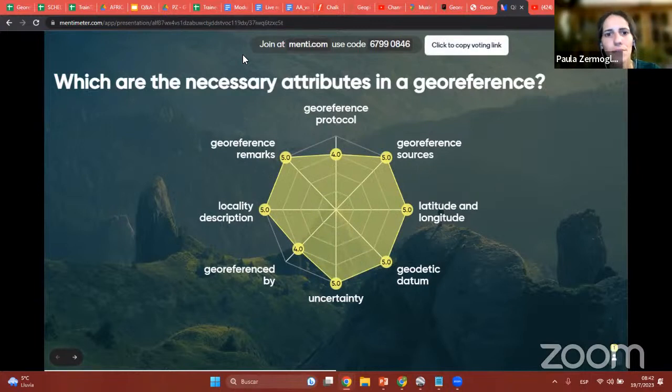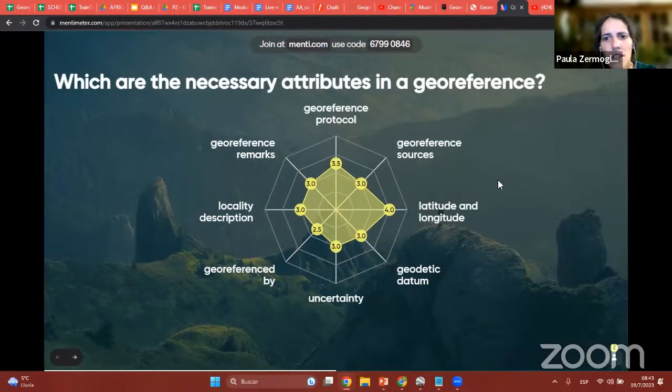Do you have an answer? Here, what you're seeing on the screen is that 5 represents indispensable, and the closer to the center represents less needed, not utterly necessary.